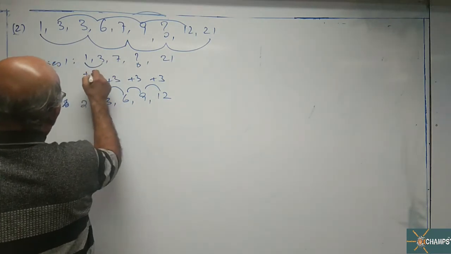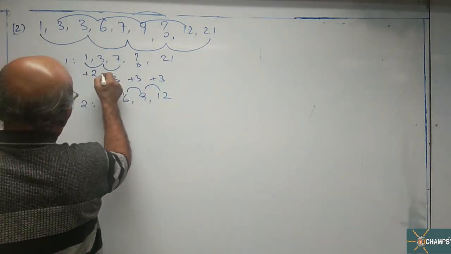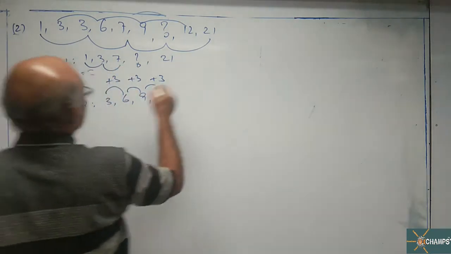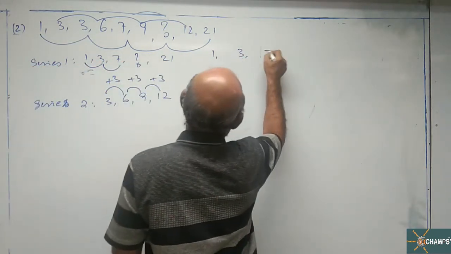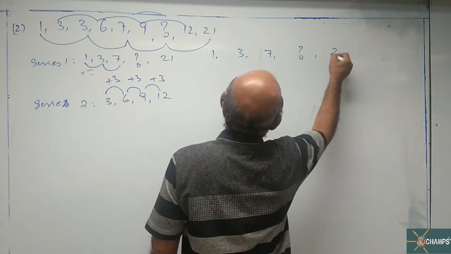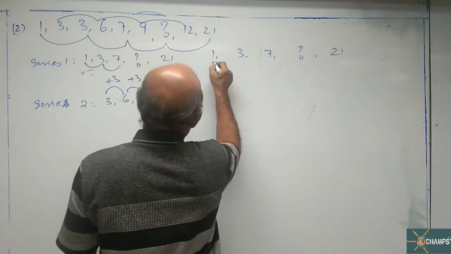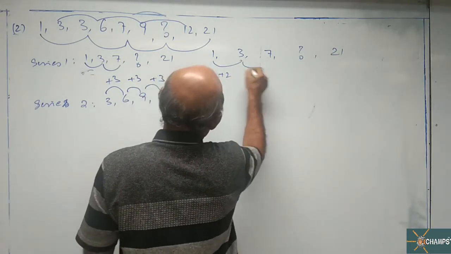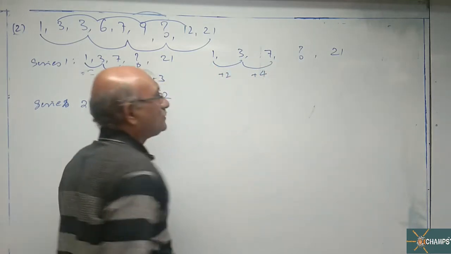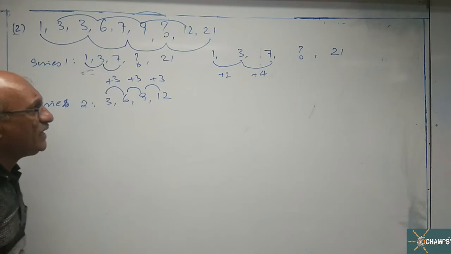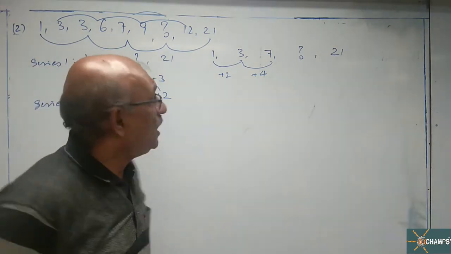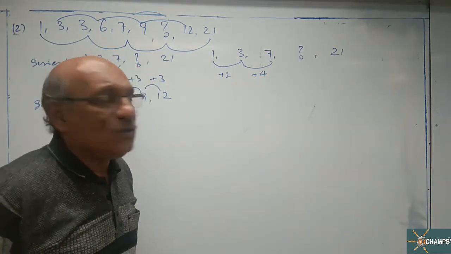1 plus 2 is equal to 3. Let me write this: 1, 3, 7, question mark, 21. Here plus 2, here it is plus 4. 1 plus 2 is 3, 3 plus 4 is 7. So the difference is increasing by 2.